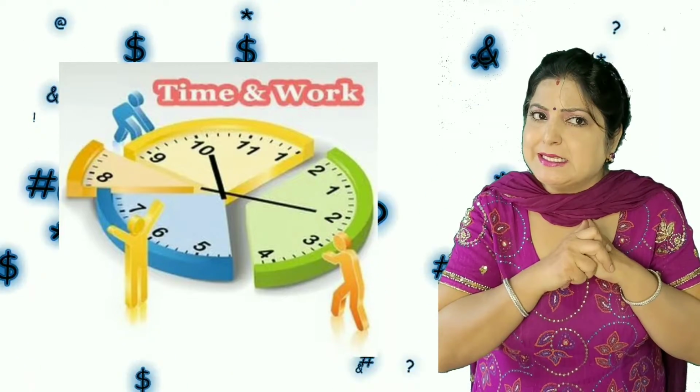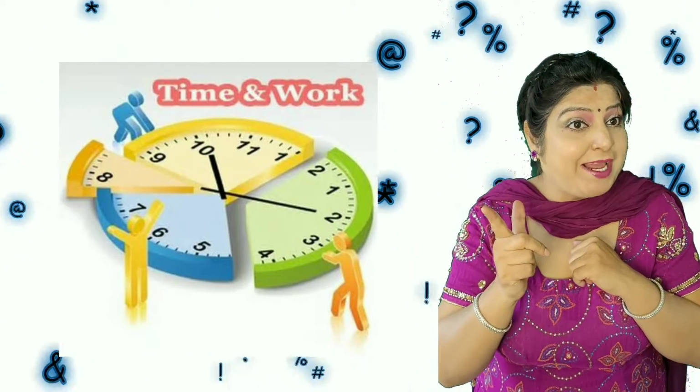So these two very simple things which we know, our common sense, these two will be used for solving sums related to time and work. Let us see how to apply inversion and these small tricks to solve the sum.